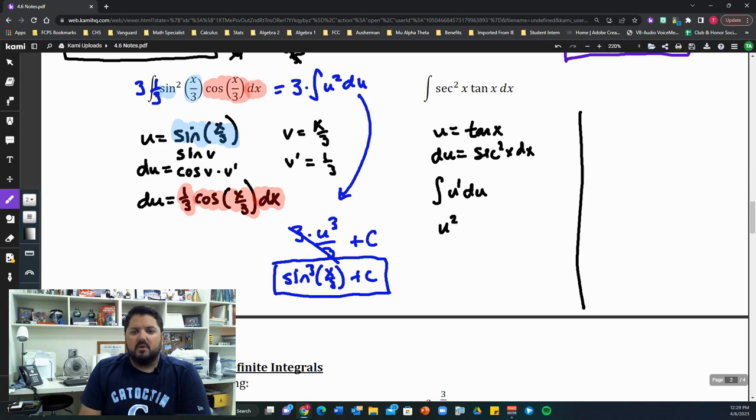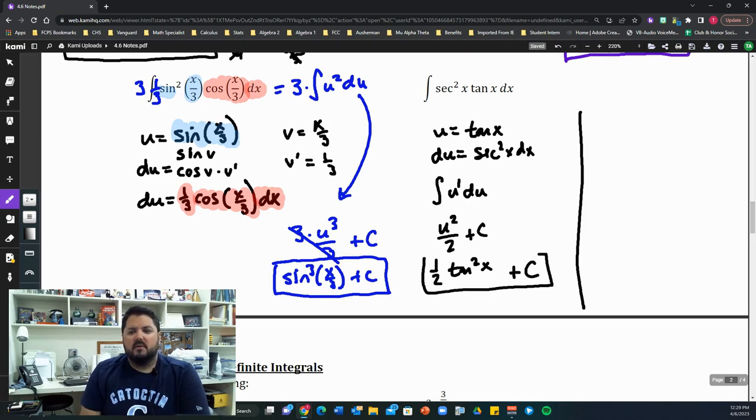So this will become u squared over 2 plus c, or in this case, tangent squared x over 2 plus c. We could always move that 1/2 out in front. Some people don't like writing the fractions like that with the trig function, so we could write 1/2 tangent squared x plus c. All right, so that is one way to do this.